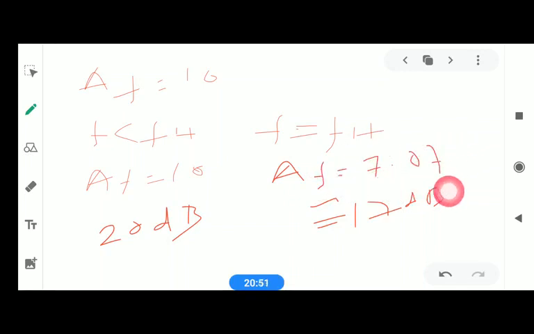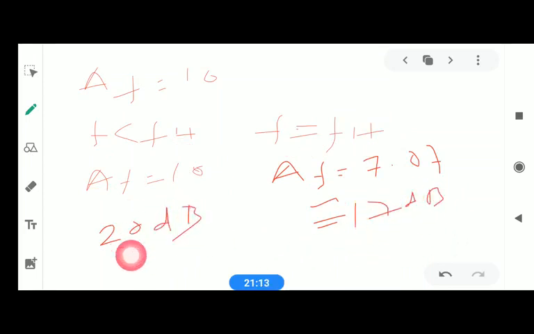If you take 20 into log of 7.07, you will get 17 dB. Means when f is less than fh, you get a gain of 20 dB, and when f is equal to fh, you get a gain of 17 dB.